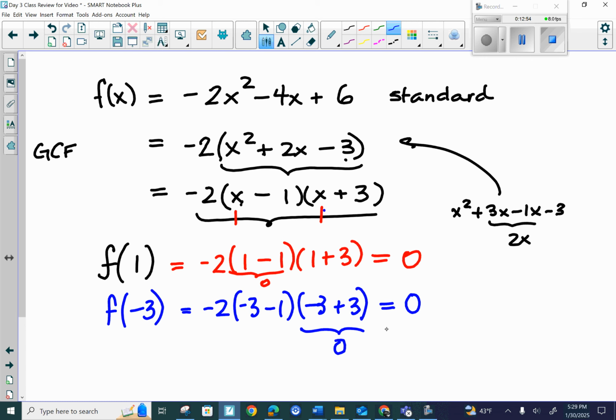So these are easy points to see from your factored form. And what are they? Well, the input here would be 1 and the output is 0. Input over here is -3 and the output is 0. So what do these things mean graphically? 1, 0 and -3, 0.